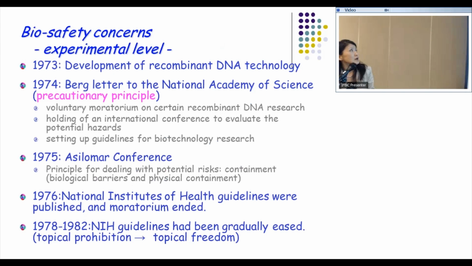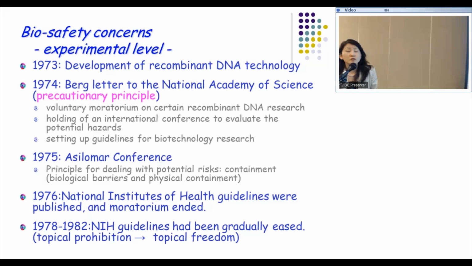As the development of recombinant DNA technology was established in 1973, even at the experimental level, biosafety concerns were expressed from the beginning. And in the next year, 1974, Dr. Berg sent a historical letter, called the Berg Letter, to the National Academy of Sciences, in which he called for a voluntary moratorium on certain recombinant DNA research, the holding of an international conference to evaluate the potential hazards, and the setting up of guidelines for biotechnology research.